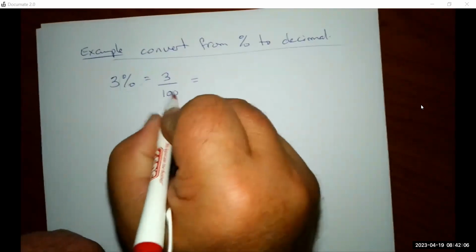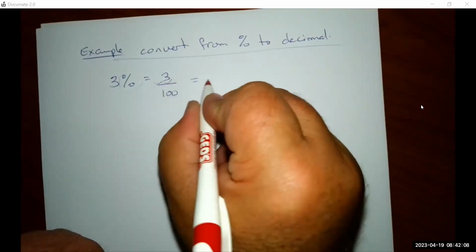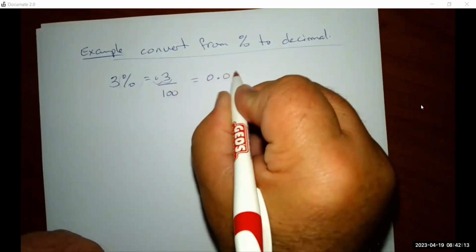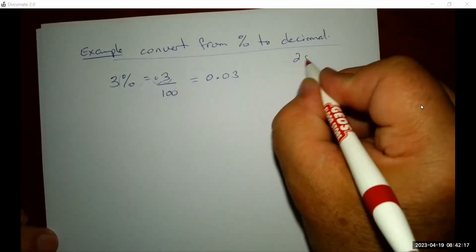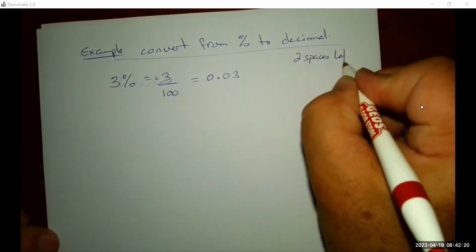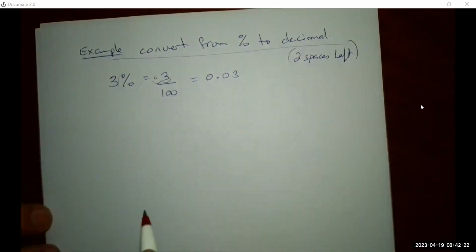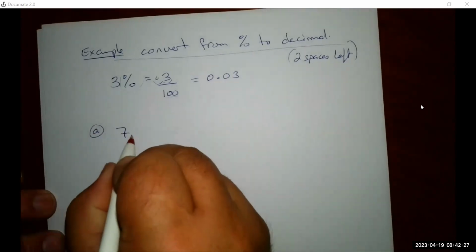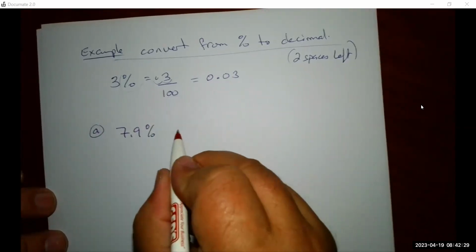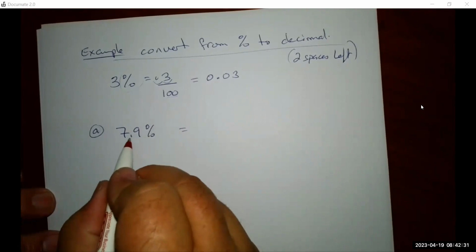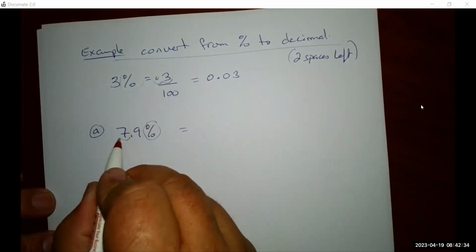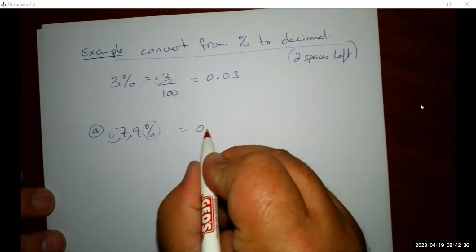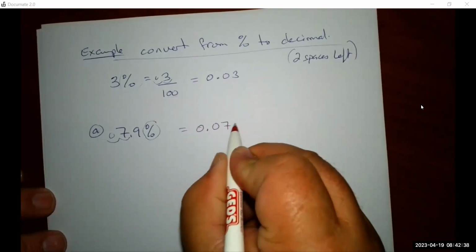Since it's dividing, we move it 2 decimal places. So it's the decimal 0.03. Remember, 2 spaces left. Next, 7.9%. Drop the percent, move it two to the left. So it's 0.079.